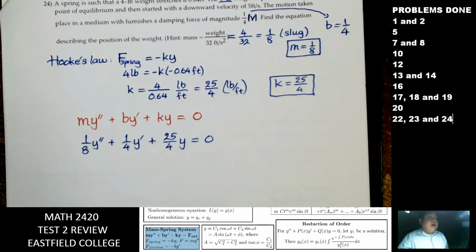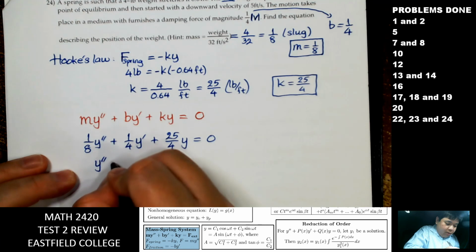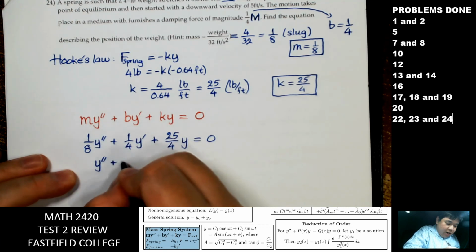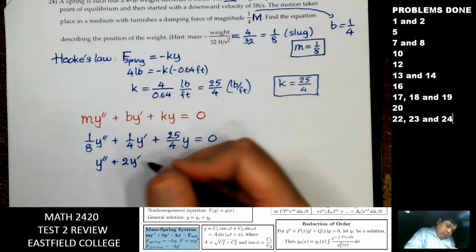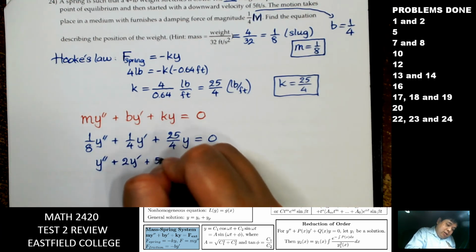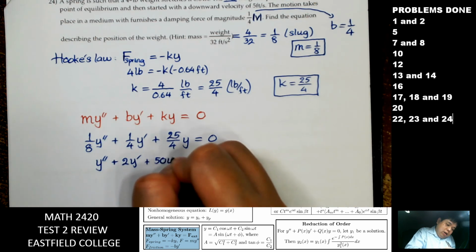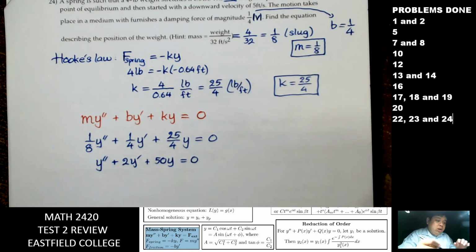Let's multiply everything by 8. Y double prime plus 2y prime plus 50y equal to 0. So that is the equation.